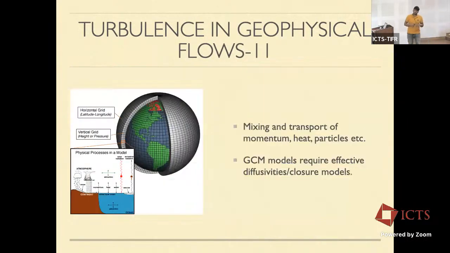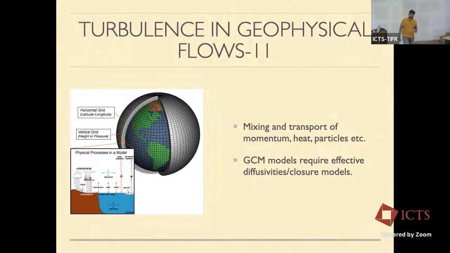And in even larger systems, in terms of GCM models, a lot of phenomena are intrinsically related to these turbulent fluxes, like what happens in this QBO kind of process. You have the small scale interactions which are important, and because of the problem that people were talking about in the morning, you need a lot of grid points to resolve this small scale turbulence that is present along with these large scale structures.